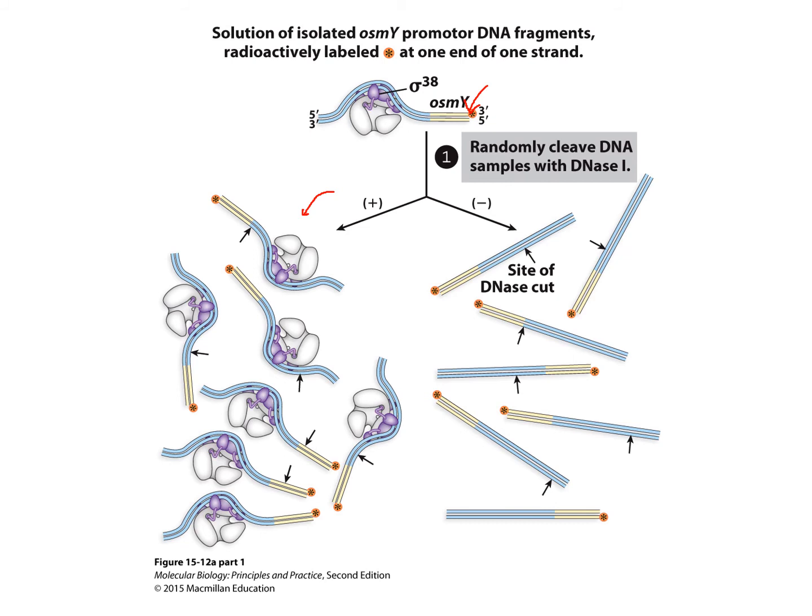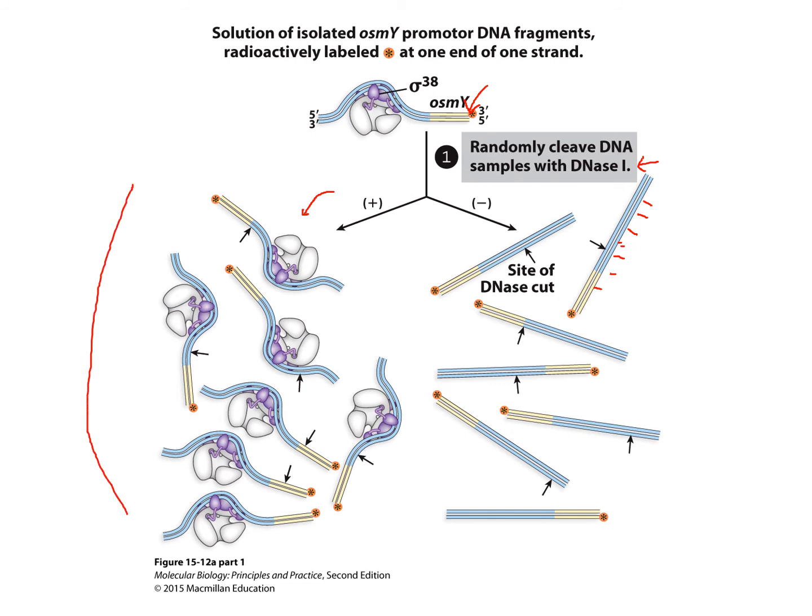Then you treat either mixture with DNase I at a carefully controlled concentration, so you get just a little bit of cutting. Throughout the population of DNA molecules where it's unbound to the protein, you wind up with a population representing every nucleotide in the ladder, because each one got cut once, randomly, and eventually you cut at every different spot.